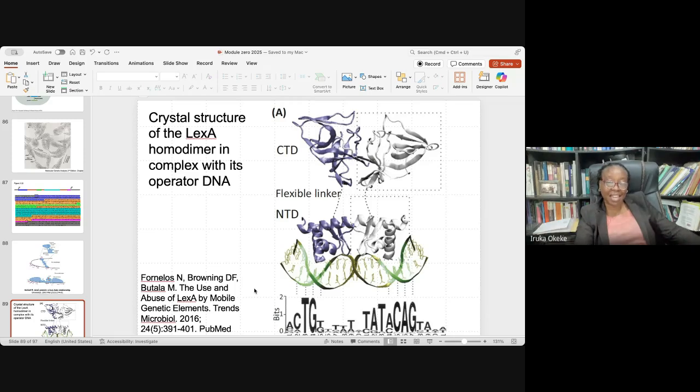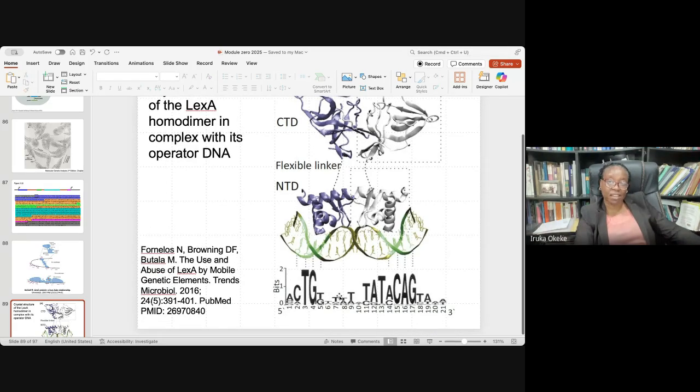Okay? Unlike RNA polymerase sigma, LexA does not bind to a particular sequence, but it has its favorite nucleotides. So what's being shown here is a graph, 2 units up here.